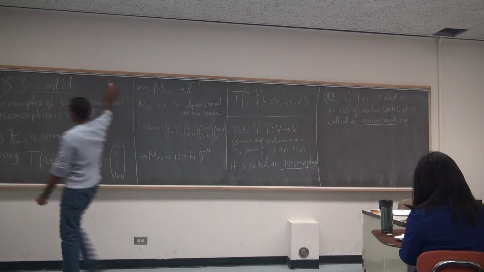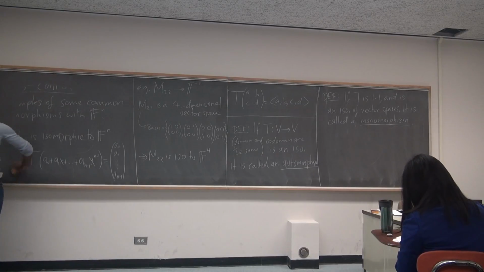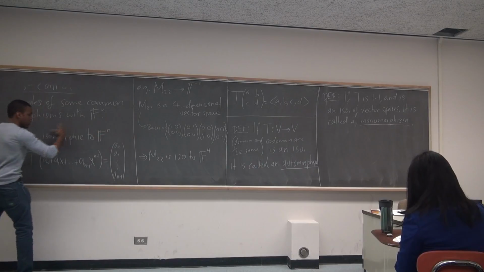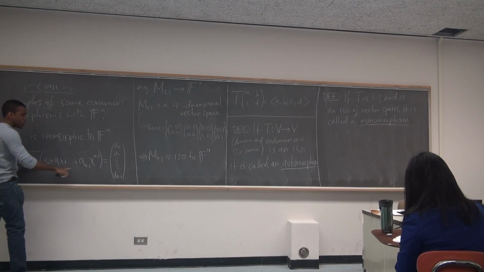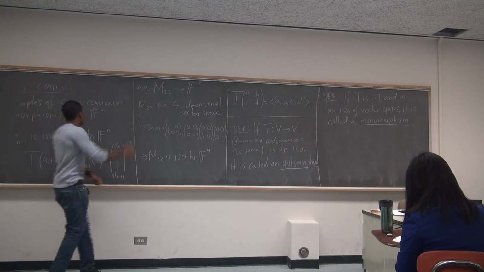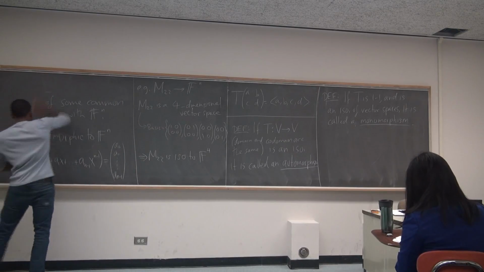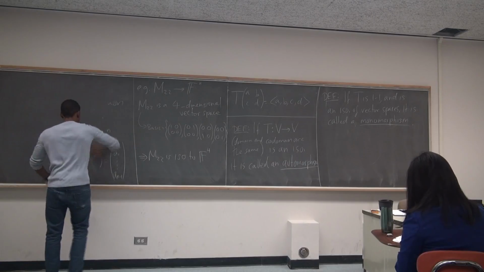Yeah, so that's pretty much the end of 8.3. This is the kind of thing that I want you to remember, like some natural ways to map things by using their coordinates. We're actually going to do that in some examples now.